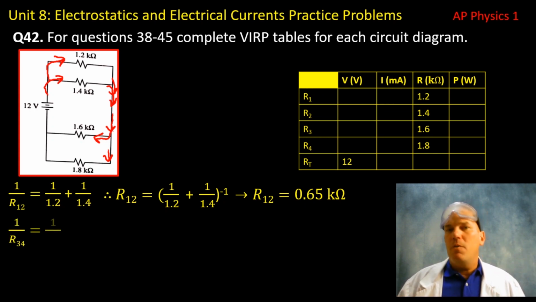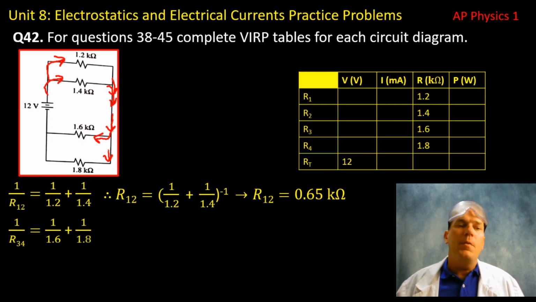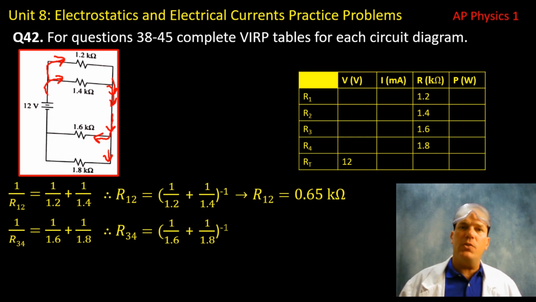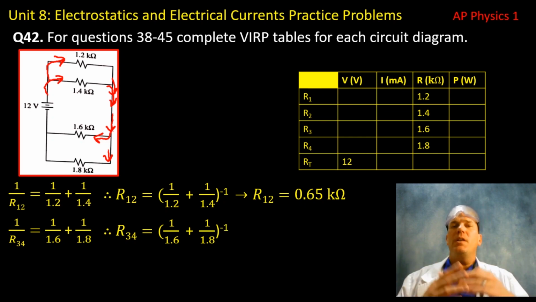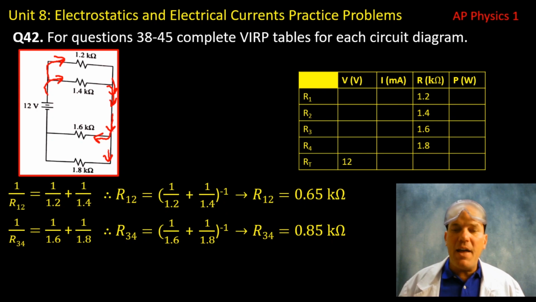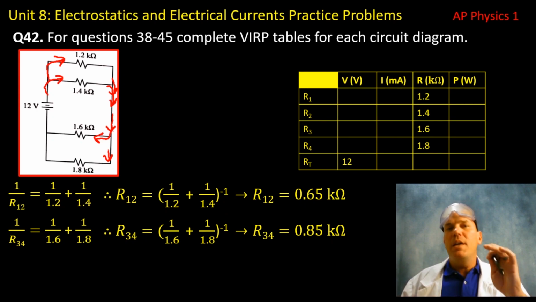Next step, we need to do the same thing for R34, which denotes resistors 3 and 4 compressed into one equivalent resistance. And the inverse of those gives us an overall resistance of 0.85 kiloohms. So we have those individual equivalent resistances.